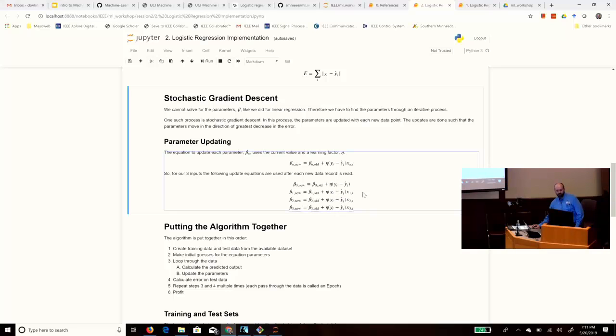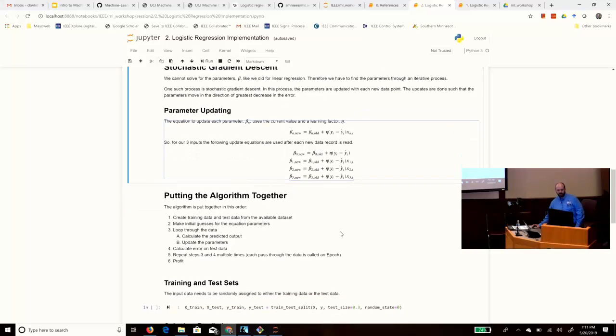So for example, for beta 1, we're going to multiply by input x1, which in this case will be age, times the difference between our actual and predicted output and our learning factor. And then we're going to adjust our beta value based on that. Make sense? So it's just simple, we're just going to loop through this now. Okay?